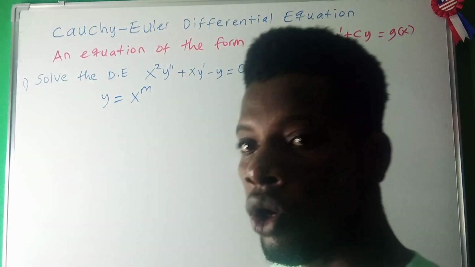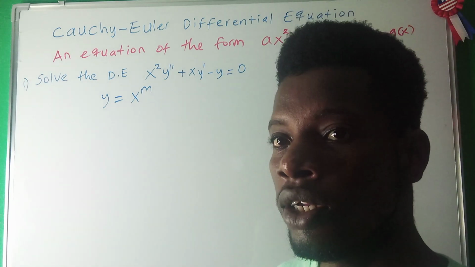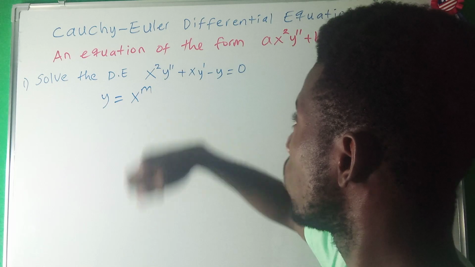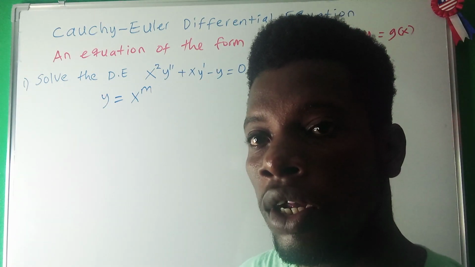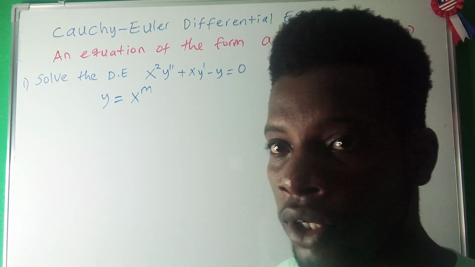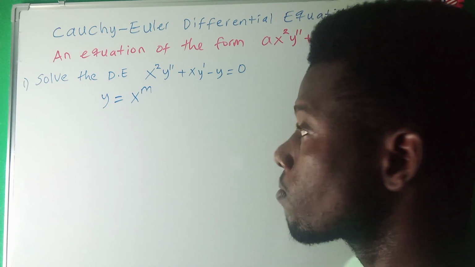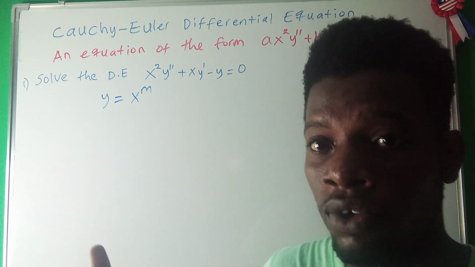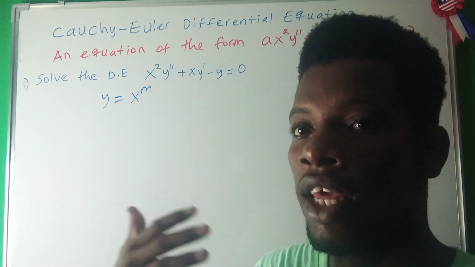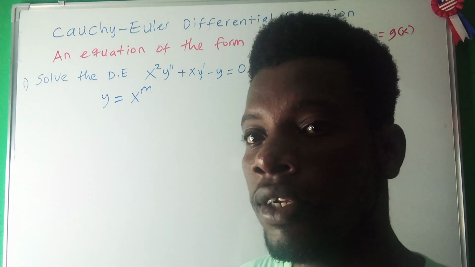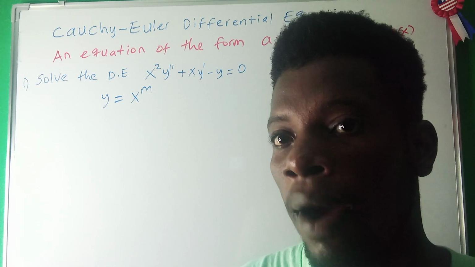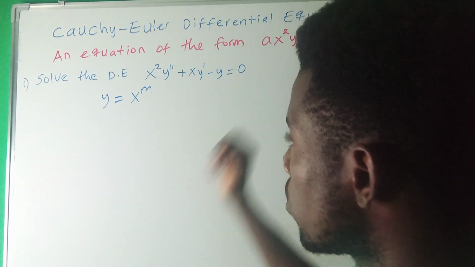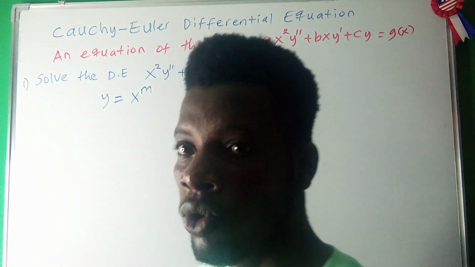Then you differentiate this function based on the number of derivatives within the differential equation, and then you substitute the result. But notice that for the Cauchy-Euler differential equation, it is not only the second derivative. You can have the third derivative, fourth derivative, up to the nth derivative. But keep in mind that for each derivative, the power of x and the derivative will be equal in terms of the product. Okay, so we differentiate and then we go on.